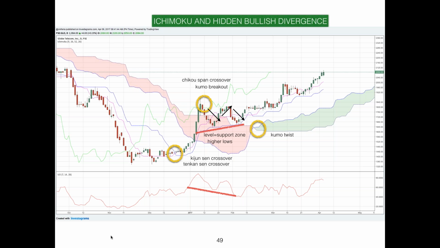We also find a bullish hidden divergence at that area because you have lower lows in the oscillator and higher lows in the price. Your signal is the doji. It was a rejection at the support area. The doji shows indecision.